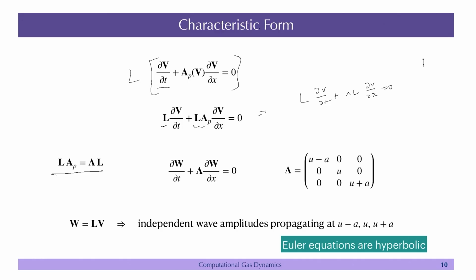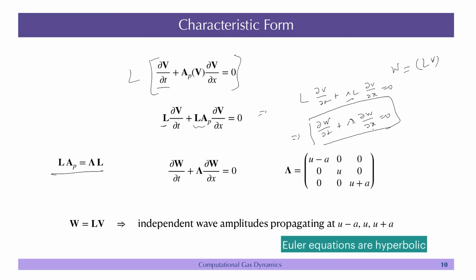Now, you call LV equal to, let us say, W, right. So, now it will become del W by del t plus lambda del W by del x equal to 0, right.